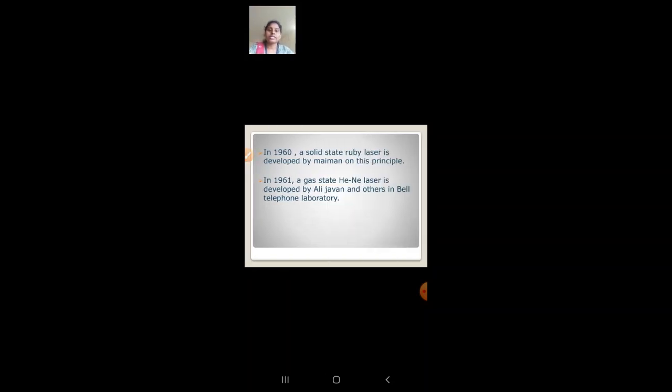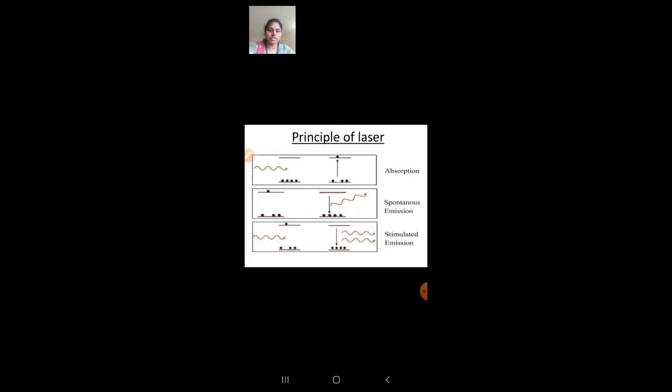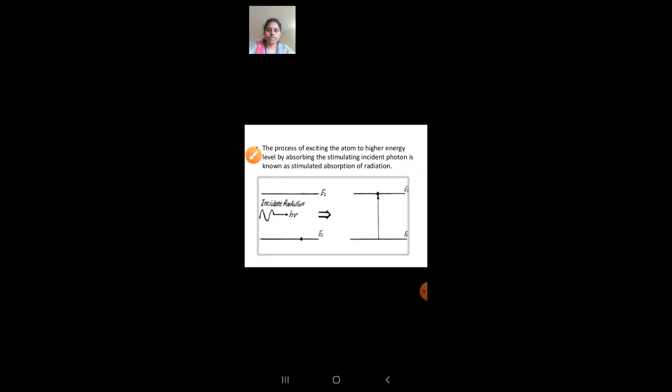And then, basic principles of the laser. Here we will see the principles of lasers are of three types: one is absorption, second is spontaneous emission, third is stimulated emission. So see these pictures and we will discuss one by one. The first one: the process of exciting the atom to a higher energy level by absorbing the stimulating incident photon is known as stimulated absorption of radiation.